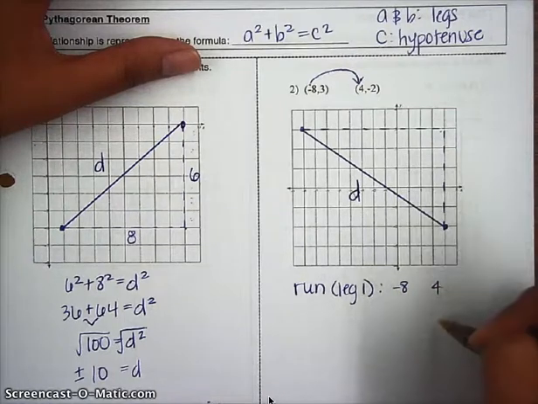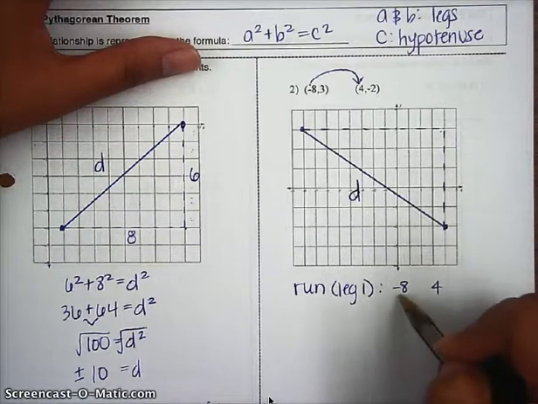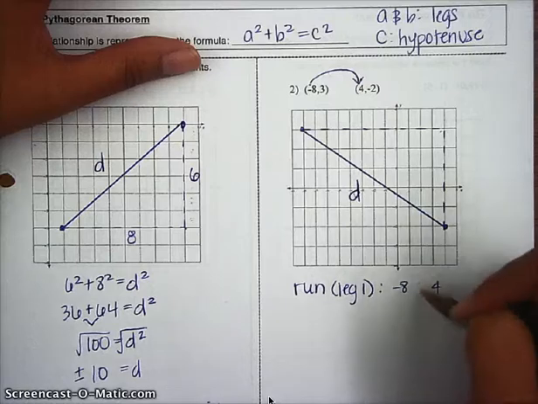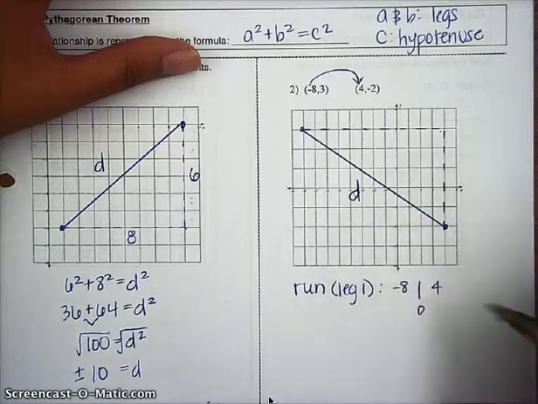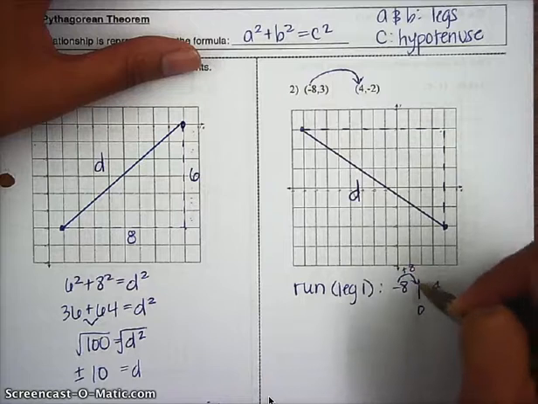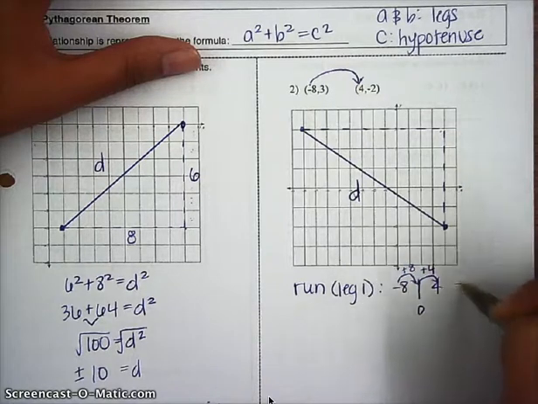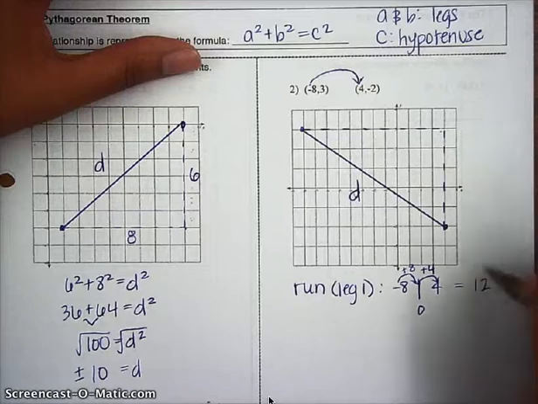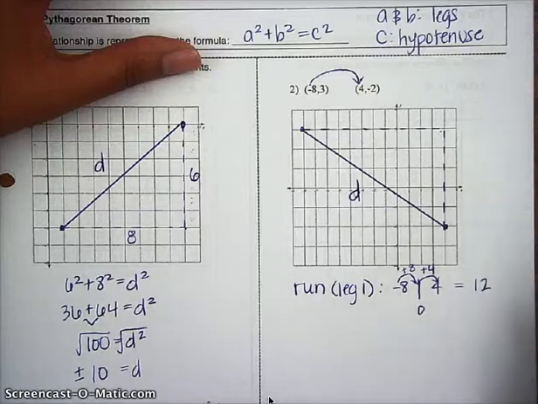The way I like to think of it is, because I'm going from a totally different sign, I understand that I have to cross the number 0. So what happens is -8 to 0 would require me to add 8, and 0 to 4 would require me to add 4. So altogether, I had to move 12. So since this is positive, I'm going to say that length is 12.